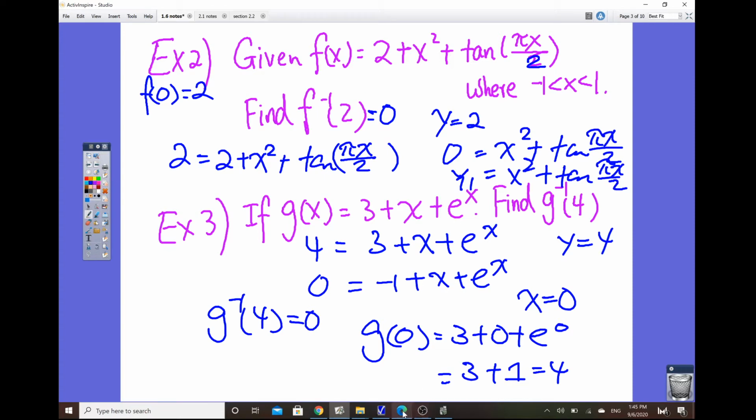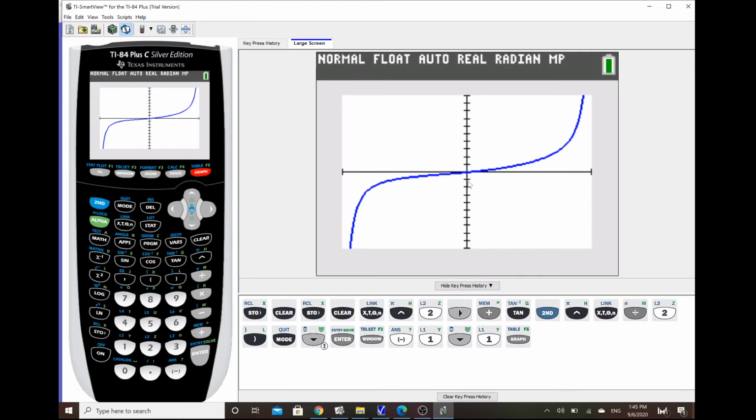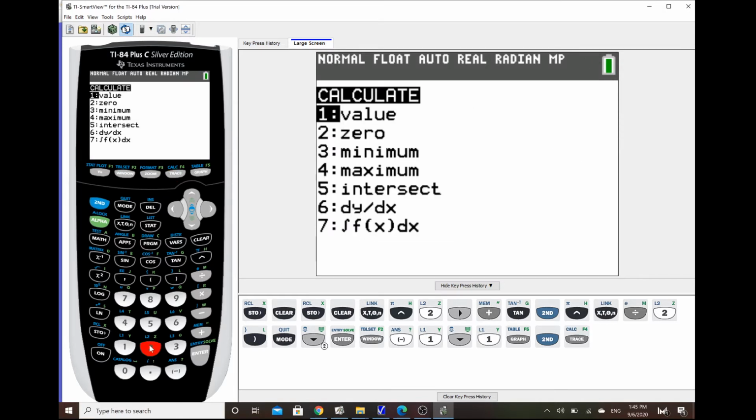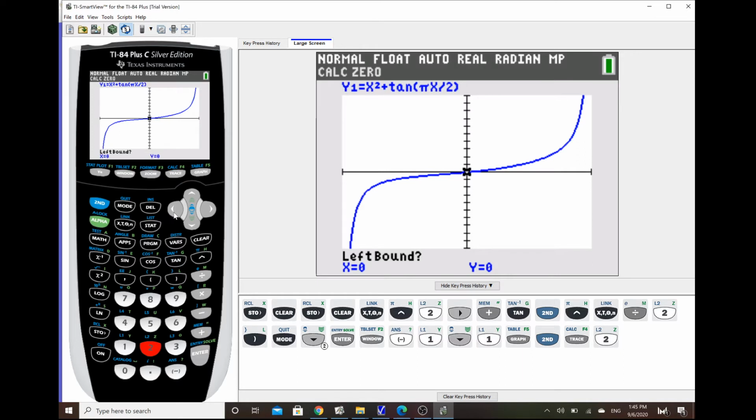And now as you can see here, the x-intercept is (0, 0). Another way to make sure of the x and y-intercept is to go to second, trace, zero. Now the calculator is asking for the left bound. I'm sure I showed you in a previous lecture, or one of the videos I put out about using the calculator, finding x max, x min, y min, y max, or the x-y intercept.